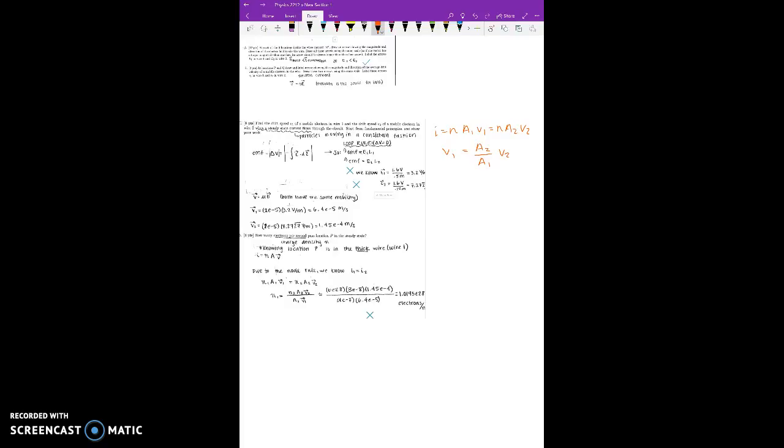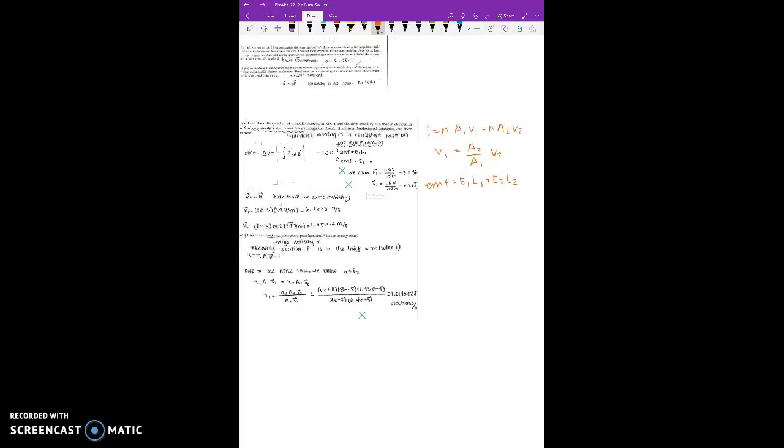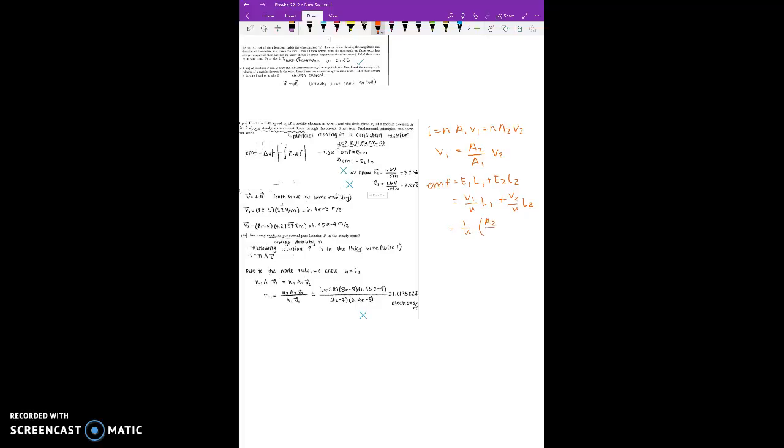We also know from the formula, which I kind of explained here, which is the same, EMF is equal to E1 L1 plus E2 L2, which we can then say is equal to V1 over U L1 plus V2 over U L2. Can simplify that to 1 over U, A2 over A1 L1 plus L2 times V2.